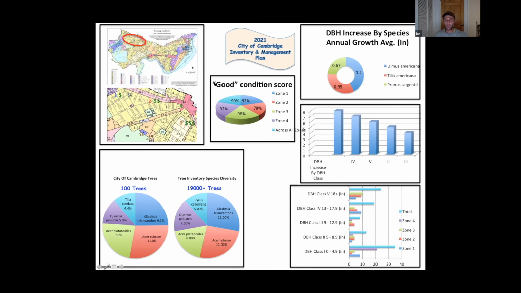Let's go back. So moving along counterclockwise, one of the things that I thought was interesting to take a look at would be DBH. Aside from tree IDing, I thought DBH was probably the second most exciting part of the inventory.